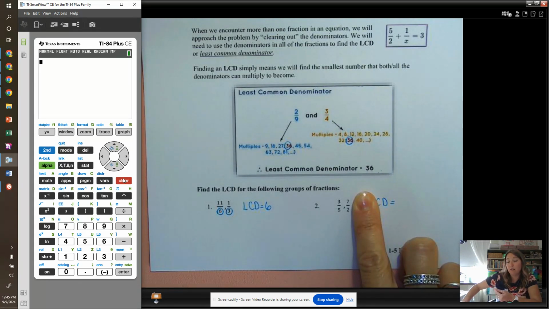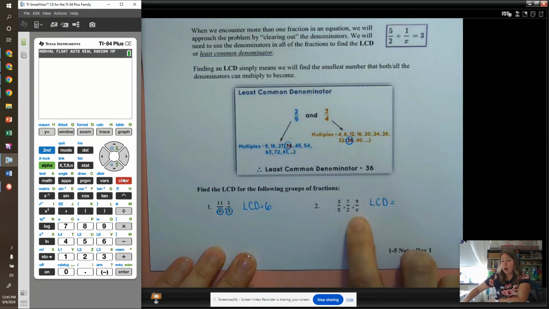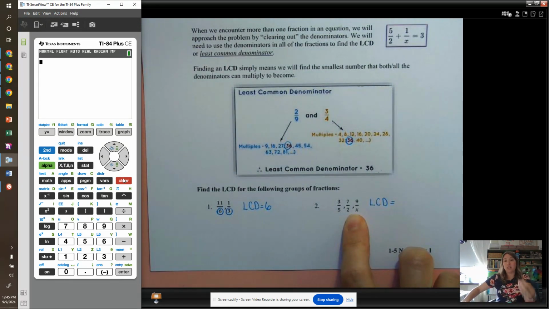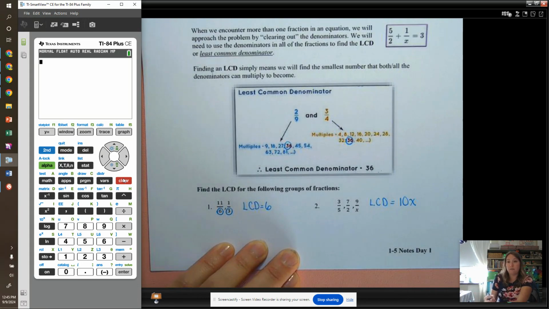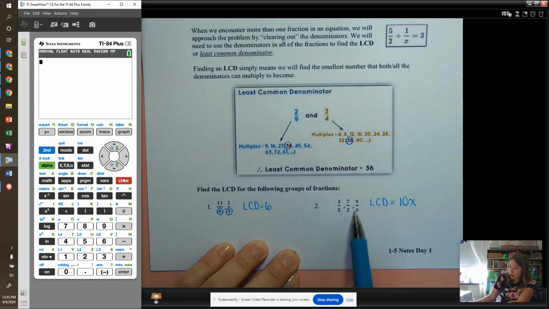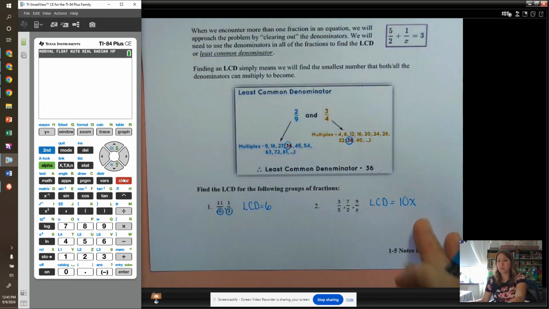It's 10. Both of those things can multiply to become 10. Now we consider this x involved in the LCD, and you've got 10x as your LCD. Anytime there's a variable in the denominator, it is part of the LCD by multiplication. Okay? That's the first piece, getting down our LCDs.